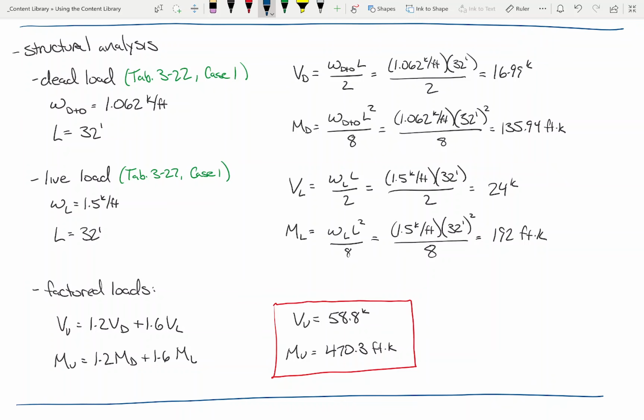A very good example of that is if I were to give you a beam that has, we'll say, WD, but then has a live load that's a point load in the middle, okay?